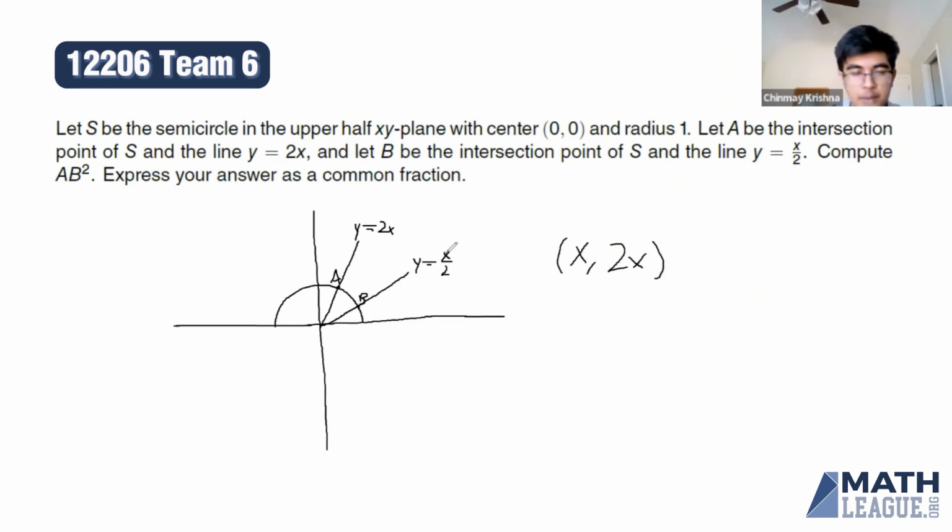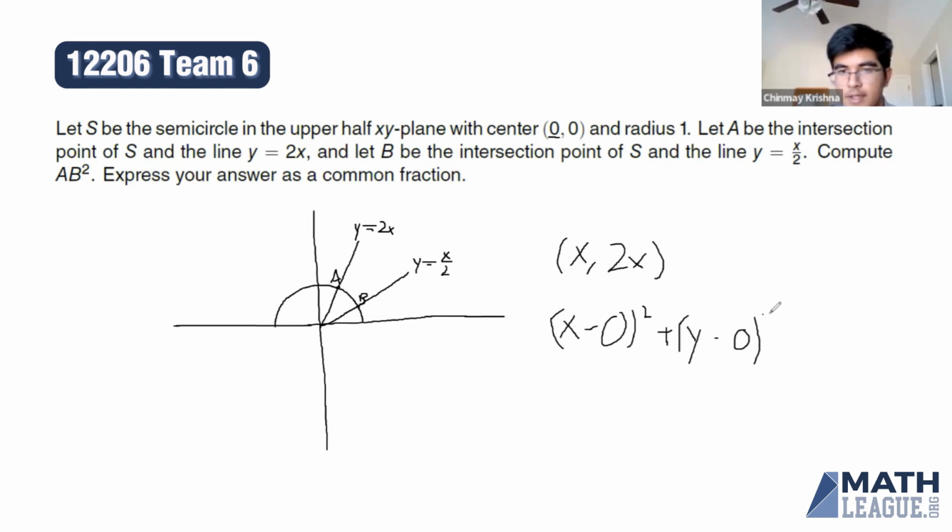And so the equation for a semicircle, or a circle in general, is x minus the x coordinate of the center, so x minus 0 squared, plus y minus the y coordinate of the center squared, has to equal the radius squared.